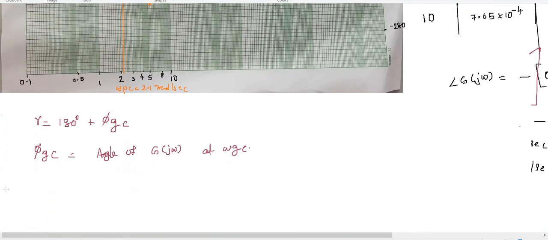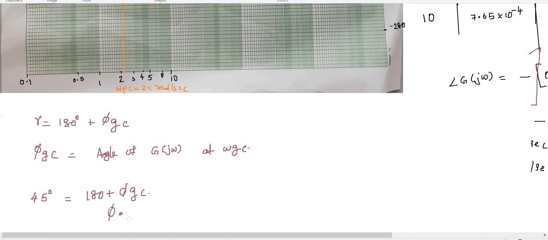So we have to find out omega gc. Our required phase margin is 45 degree. So we can write that our required phase margin is 45 degree, that is equal to 180 degree plus phi gc.